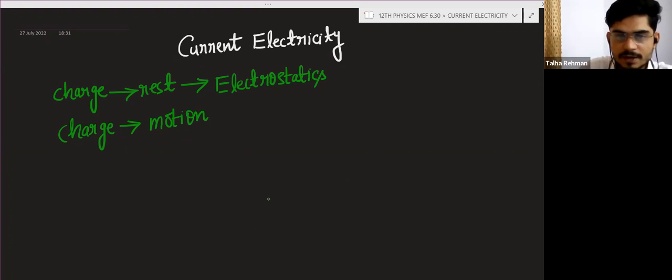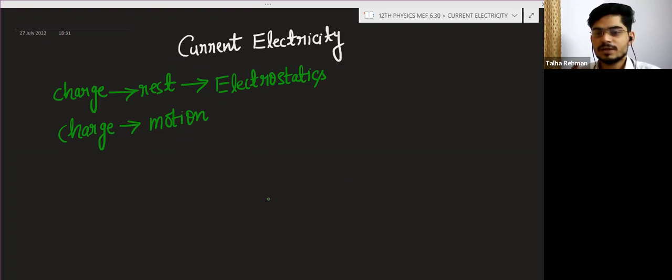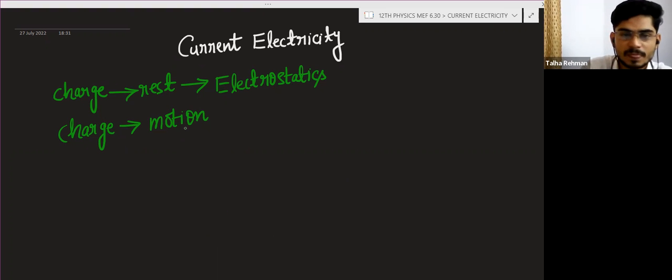Now let's focus. If something is moving, that body or that thing can move either with constant velocity or with variable velocity. Two cases are there.